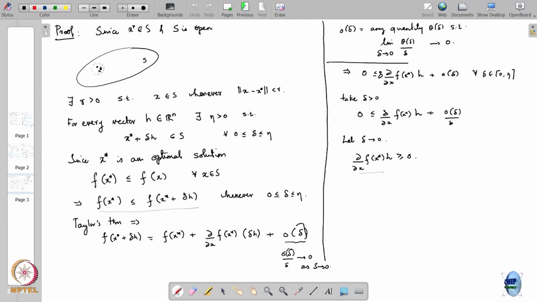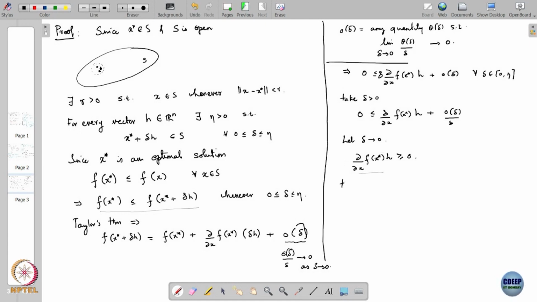So, since this has to be greater than or equal to 0 for every vector h, what does that mean? So, this must also be true for minus h, right? Or it must be true in particular if I take h to be the negative of this derivative itself.